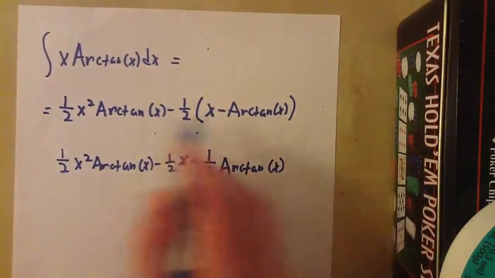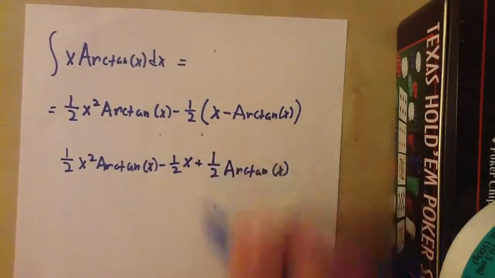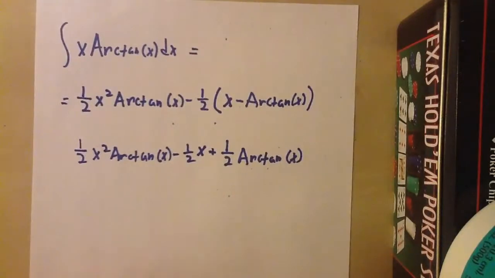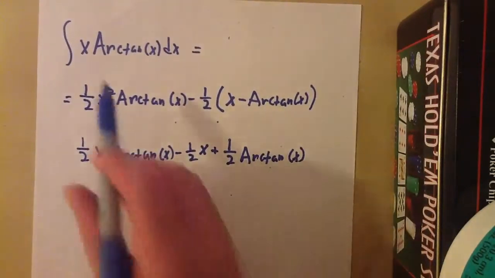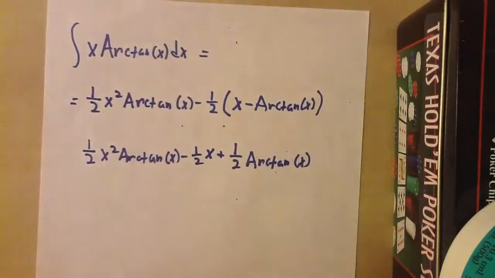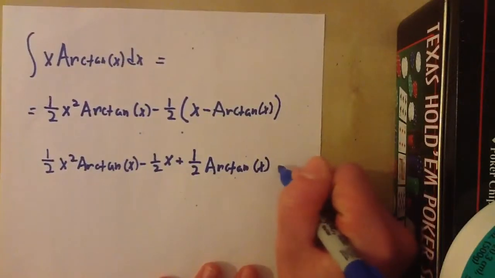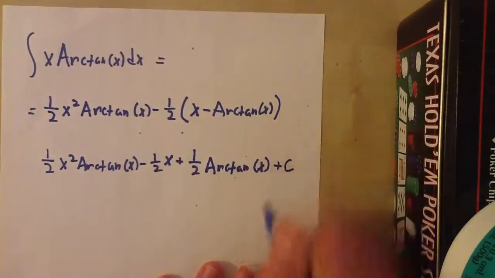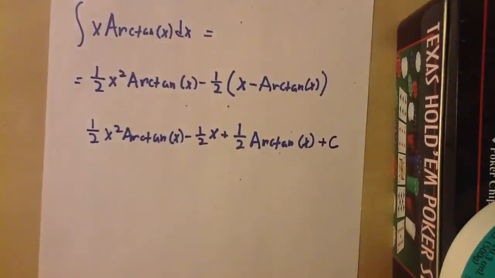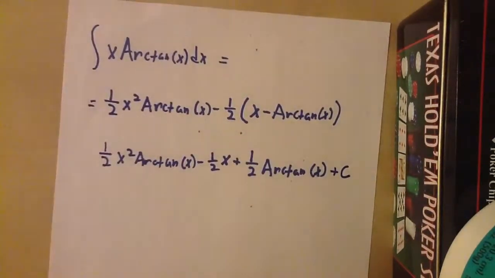Or actually, this is a negative, so this can be plus 1/2 arctan of x. Sorry. And since there were no limits on our initial question, this is just finding an expression, we can't forget to add c. And yeah, so this was really a question that you could not solve without using integration by parts.